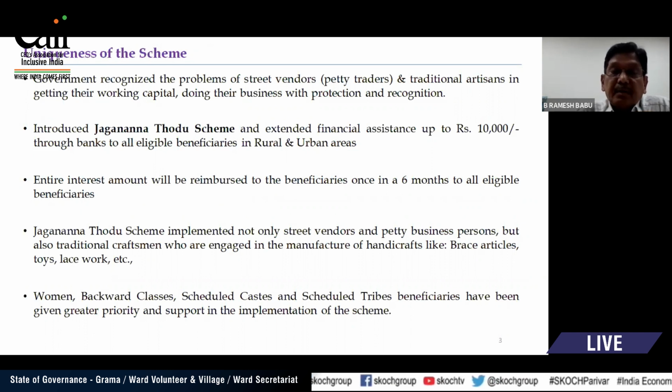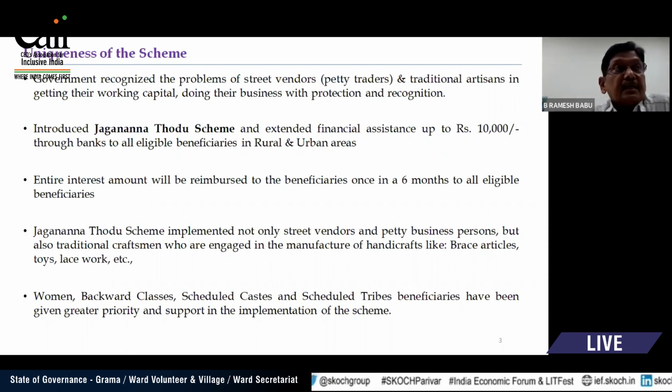The government recognized the problems of street vendors and traditional artisans in getting working capital and doing their business. They also face problems after getting the working capital. They need some protection and recognition for that. That's why the government introduced this scheme not only in urban areas but in rural areas also. Street vendors in rural areas face much more problem of working capital than in urban areas.